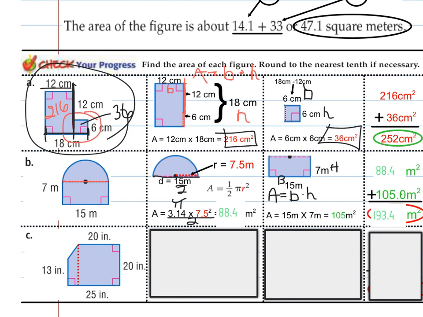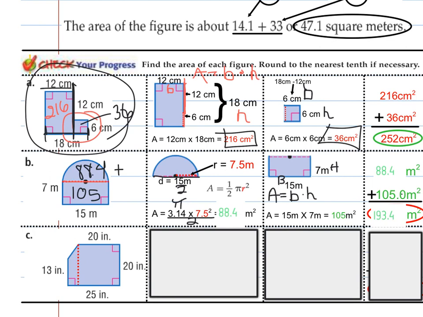So, in adding those two areas together to find the total area for this figure, we have 88 and 4/10 for the semicircle plus 105 from the rectangle. So the total area is 193 and 4/10 meters squared.